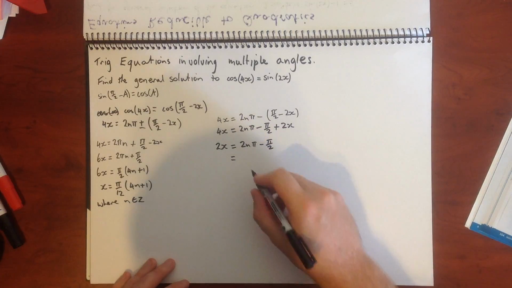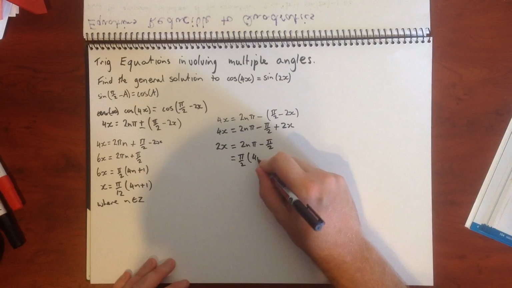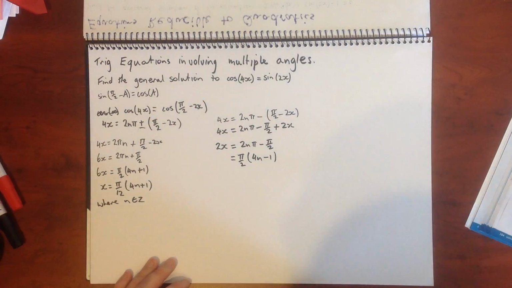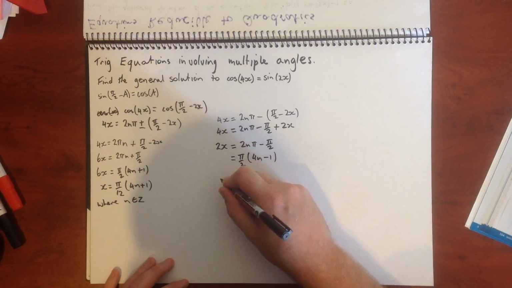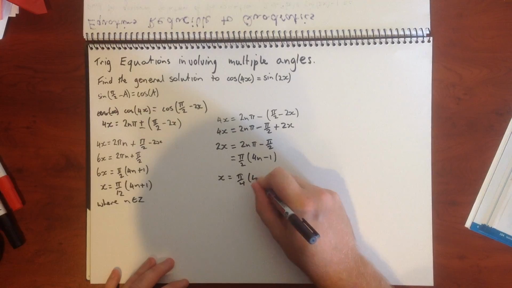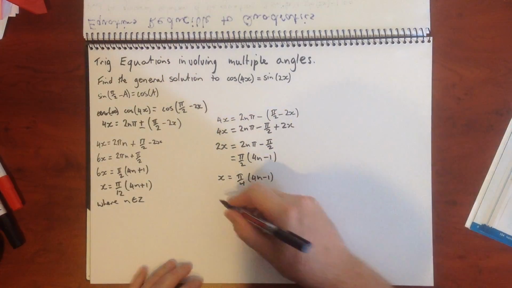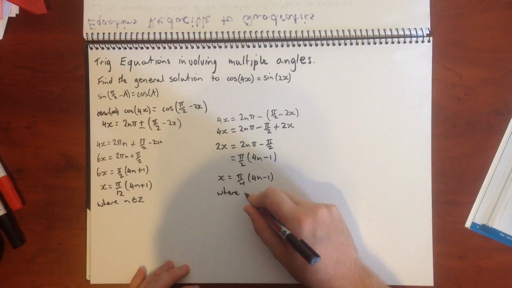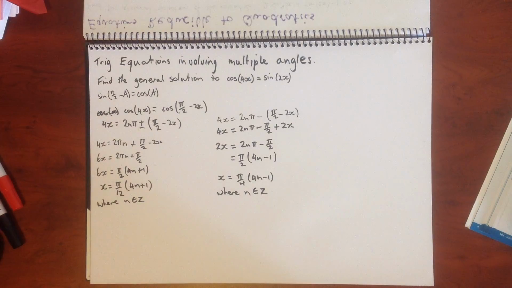Okay, take our pi on 2 out as a common factor. Okay, we're going to get pi on 2 outside of 4n take 1, and we can divide by 2 to give us x equals pi on 4 outside of 4n take 1, okay, where n is an element of z. So we've got our two solutions.